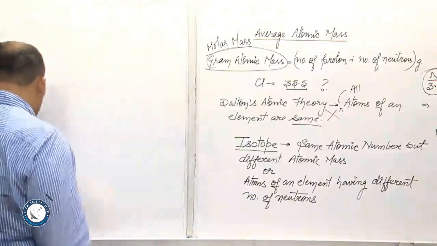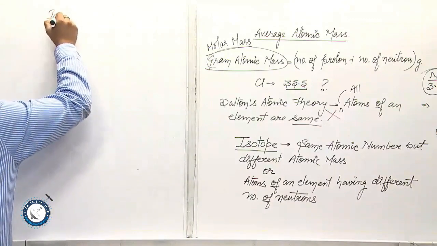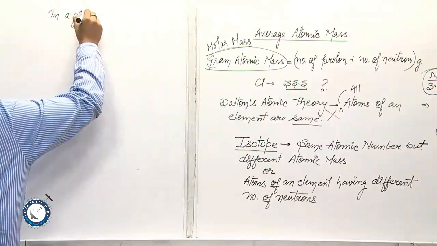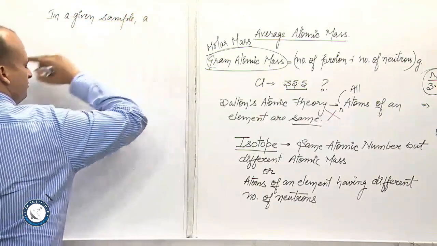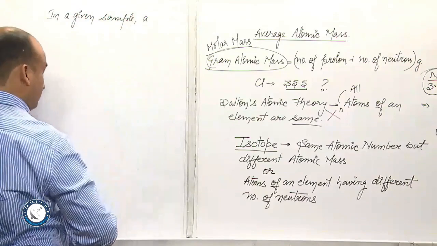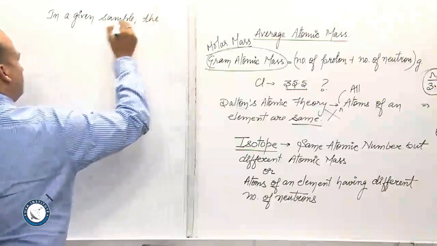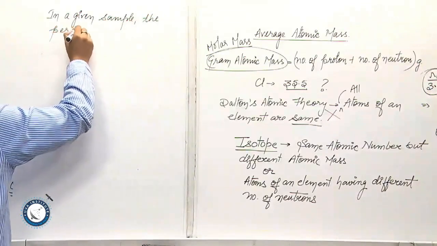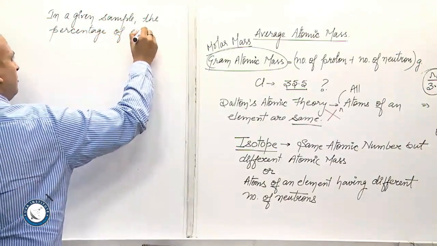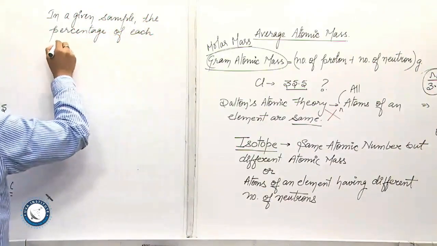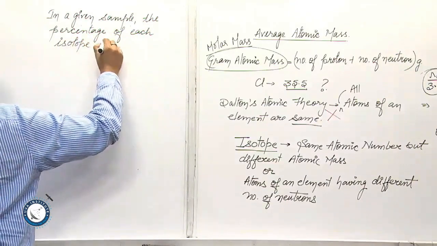Now this is very important. This is a very important point, that in a given sample, the percentage of each isotope is fixed.